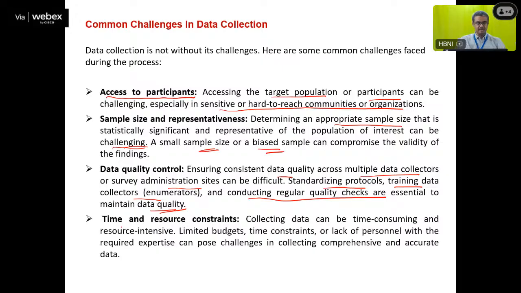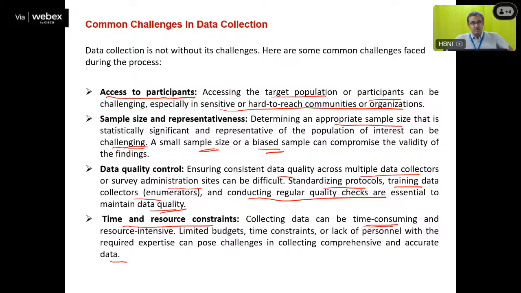Time and resource constraint. So this is one important factor, that collecting data can be time consuming and resource intensive. Limited budgets, time constraints, or lack of personnel with the required expertise can pose challenges in collecting comprehensive and accurate data. Okay, the same is true for scientific research. You are subjected to time and resource constraints, right? You may not have a microscope available to you always.